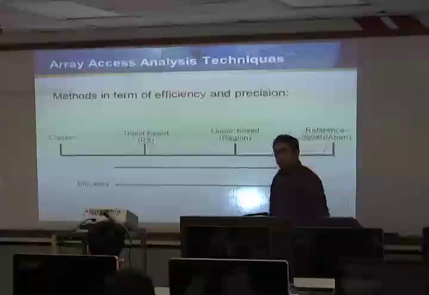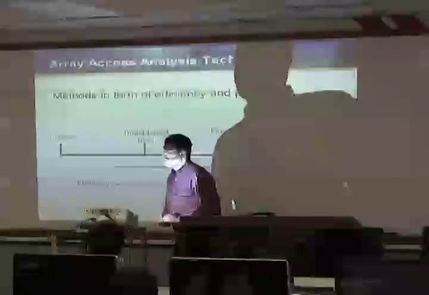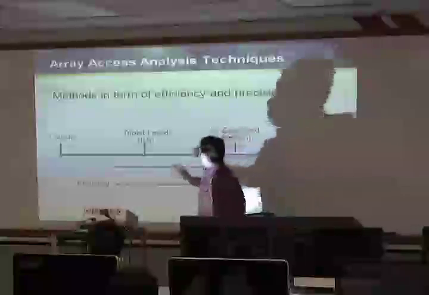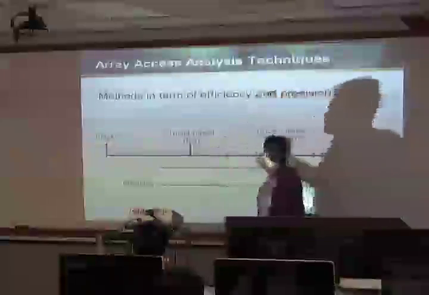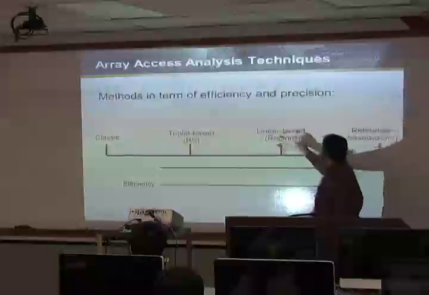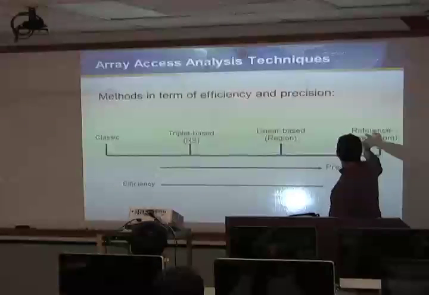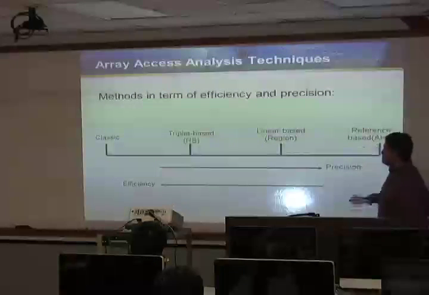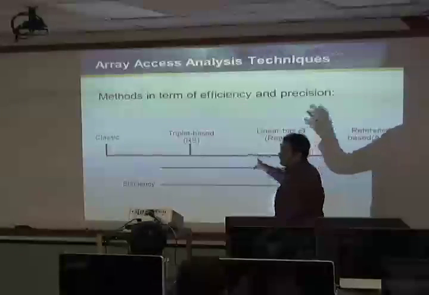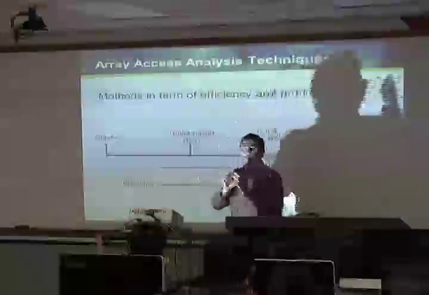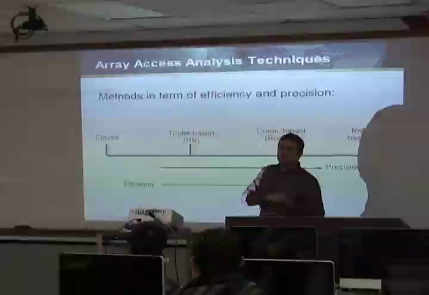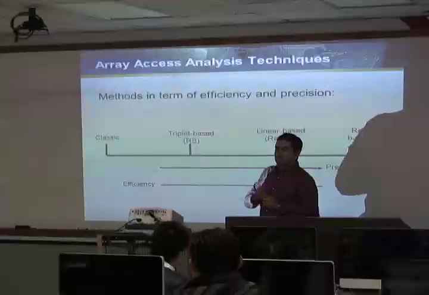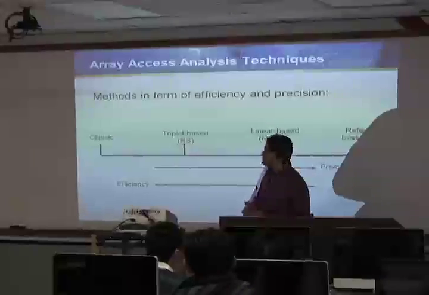Here we have 4 techniques: classic, triplet-based such as regular sections, linear-based such as region, and reference-based such as atom images. So each one of them has its own analysis, but they vary in terms of accuracy and efficiency.